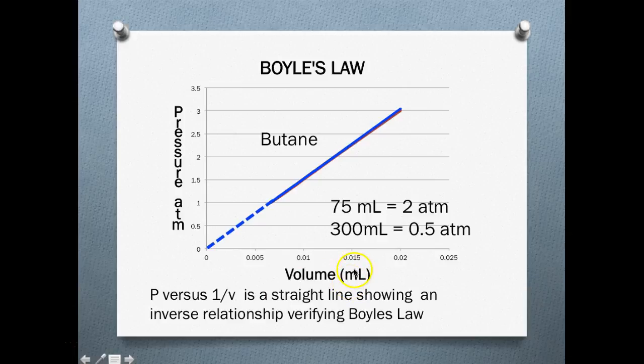So again, if you look at 75 ml, right? So 1 divided by 75 ml, that should be about 0.013, somewhere in here. And if you bring it up to the line, it cuts across on the y-axis at 2 atmospheres. 300 ml, all right?